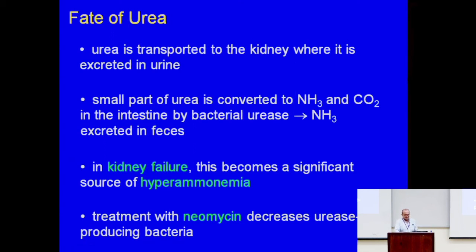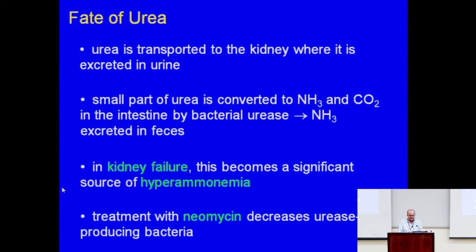The most important fate of urea is that I'm not going to get into a lot of these details, but urea produced in the liver is going to be released in the bloodstream, sent to the kidneys as a non-toxic way of disposing of nitrogen. Okay?